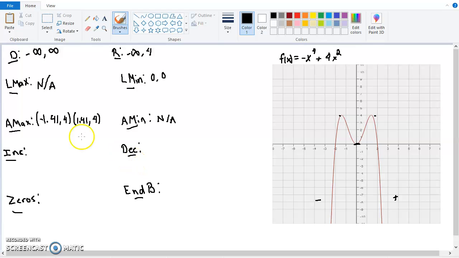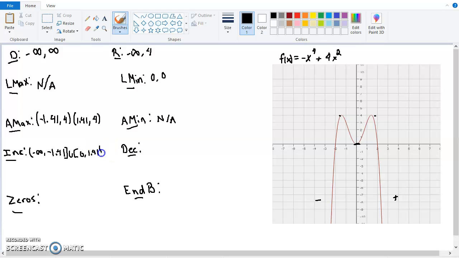For increasing, when you plug it into your graphing calculator, you're going to get negative infinity to negative 1.41, and then zero to positive 1.41.